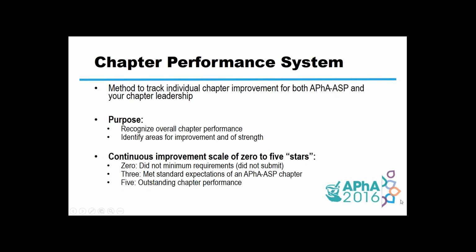The reports are looked at and graded based on a star scale from 0 to 5 stars. 0 stars means that a report was not submitted. 3 stars means that the chapter report met standard expectations of an APhA-ASP chapter, and 5 stars shows outstanding chapter performance. It's really important that all chapters are submitting a report, and even if a report is submitted with only a title and your name on it, you still get 1 star. So please, please, please submit a report.